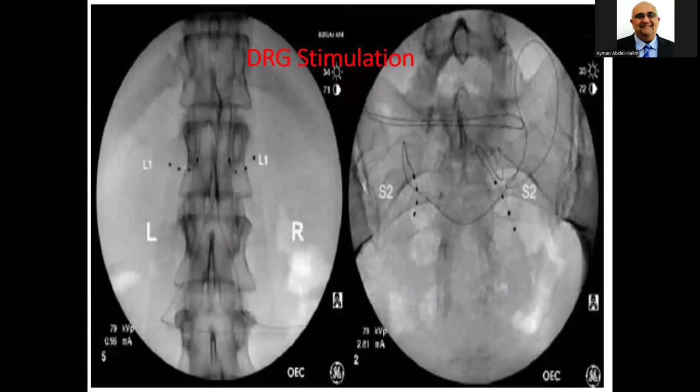Recently, we have been even more clever in doing the dorsal column stimulation at the level of the dorsal root ganglion. And this is the state of the art dorsal column stimulation right now: sticking the catheter here at the level of the dorsal root ganglion.